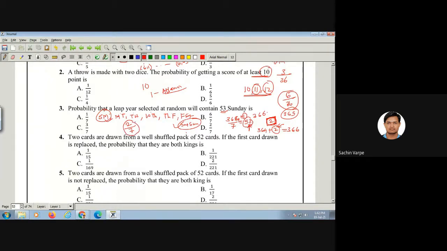Sorry, there are 52 weeks, so 52 Sundays will be fixed there, and for the 53rd Sunday we need one more, which has this much probability. So 2 by 7 is the answer.